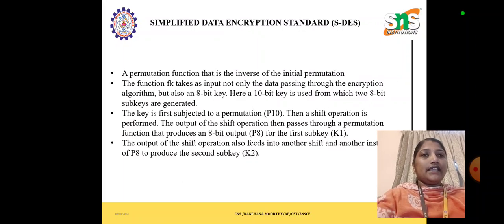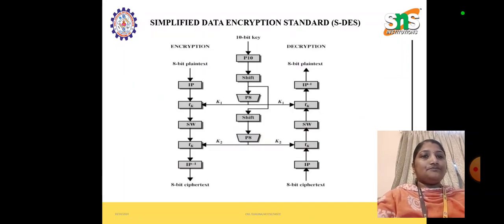And here is the encryption process. The first step is the initial permutation. The 8-bit plain text undergoes an initial permutation which rearranges the bits. In the first round, the permuted plain text is split into two 4-bit halves, left half and right half. Next, the right half is expanded to 8 bits using an expansion permutation.